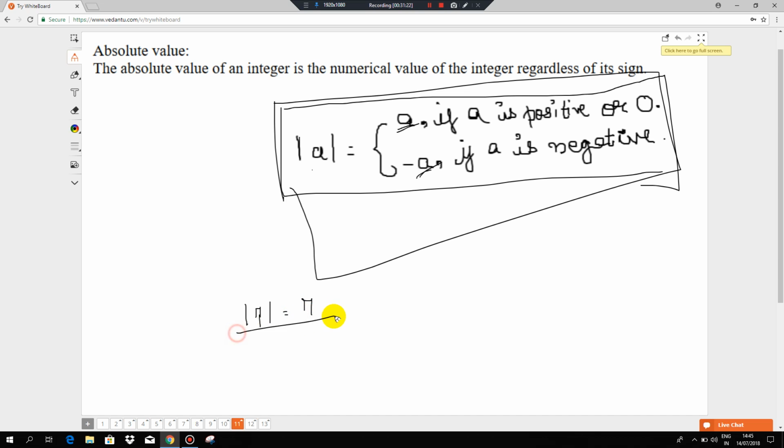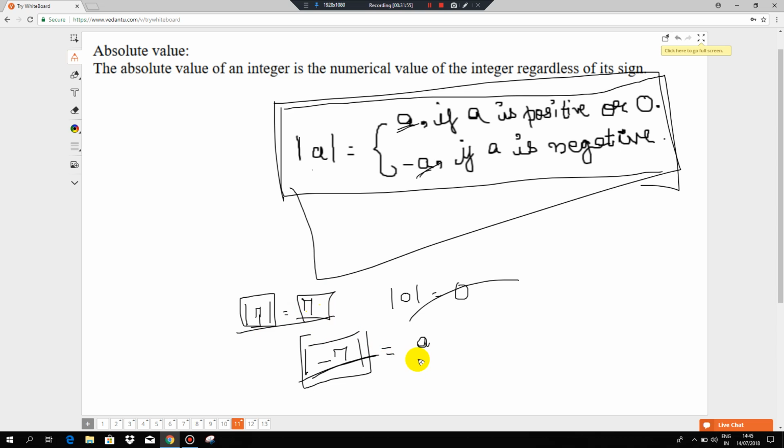We know if 0 comes, the absolute value will be 0. In any case, if a positive number comes, inside the sign we put the same number only. If a negative number like minus 7 comes, we put its opposite, like, of course, minus inside the box. If plus comes, we put the same number without any sign, and if minus comes, we put 7, its opposite. Right? We put like that.